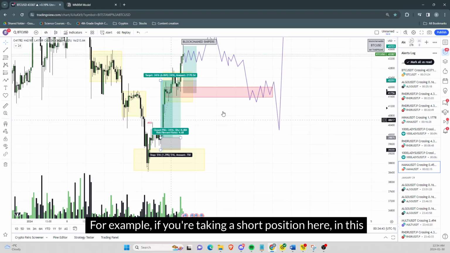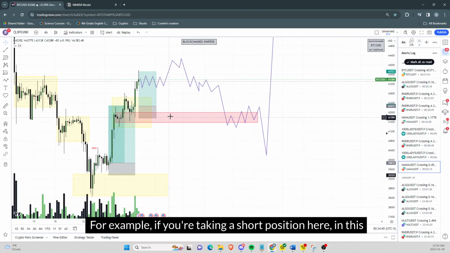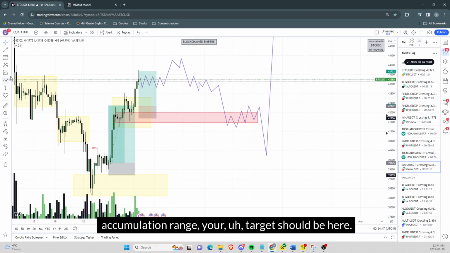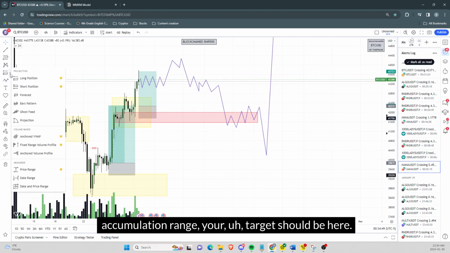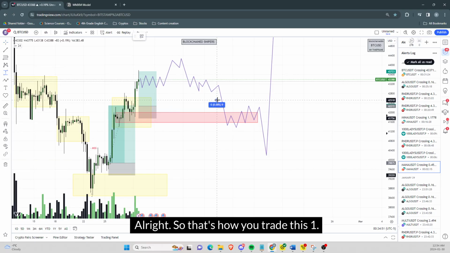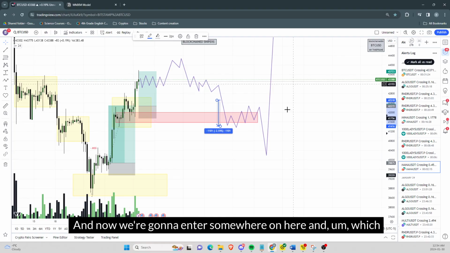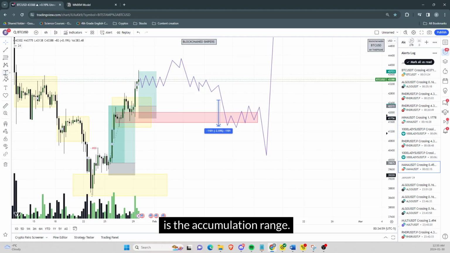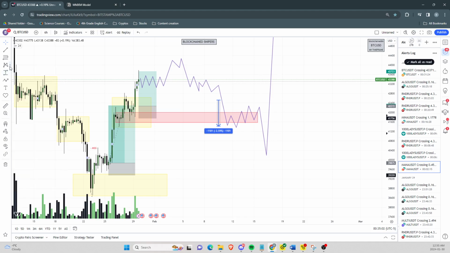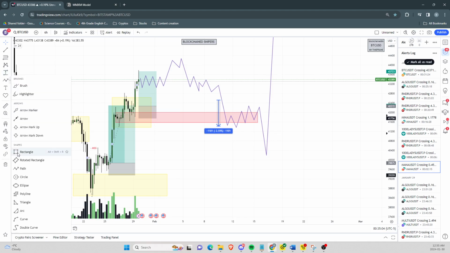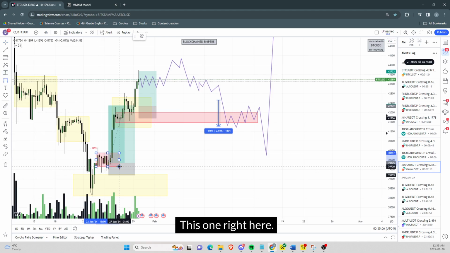For example, if you're taking a short position here in this accumulation range, your target should be here. All right, so that's how you trade this one. And we're gonna enter somewhere on here, and which is this accumulation range. This one right here.